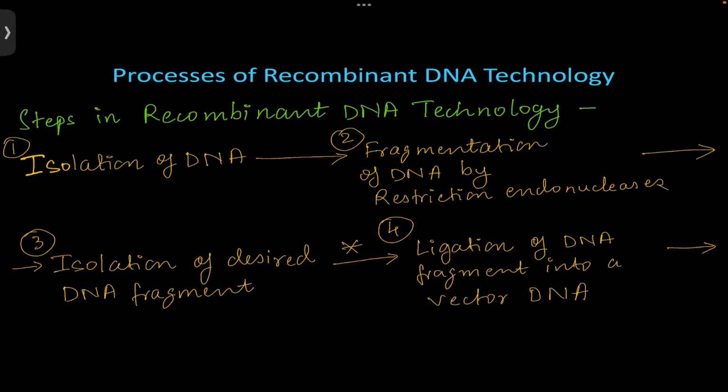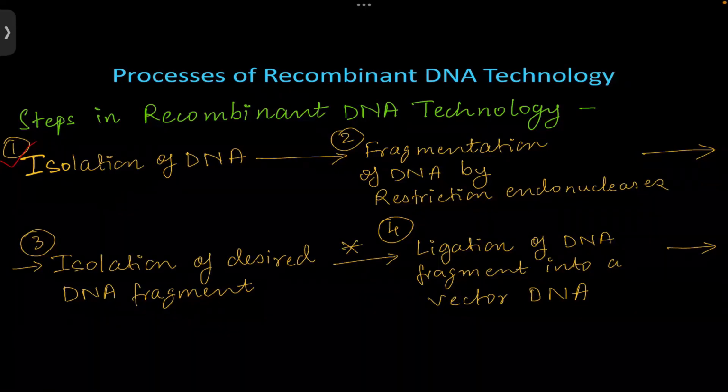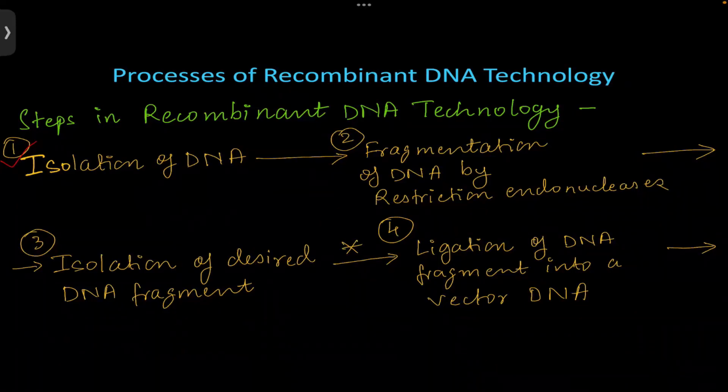First step is you need to isolate the DNA. Say from cell type A, you want to get a gene, and that gene is your gene of interest. For doing that, you first have to isolate the complete genome from that cell type A. So this is step one. Step two is fragmentation of DNA by restriction enzymes.